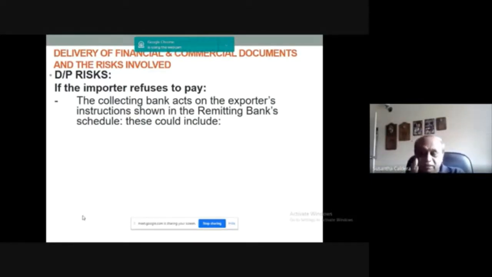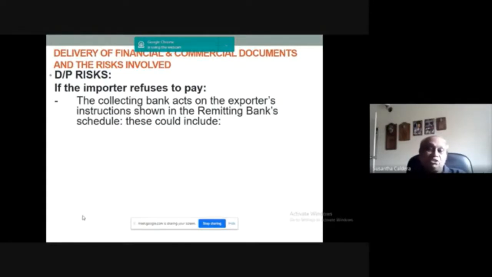This is the most favorable method for the exporter, because the documents are held at the bank. The bank will give the documents to the importer only if they pay. But there are some risks we are going to discuss.